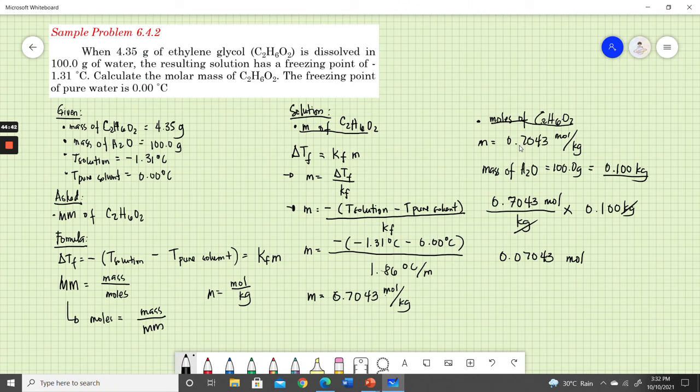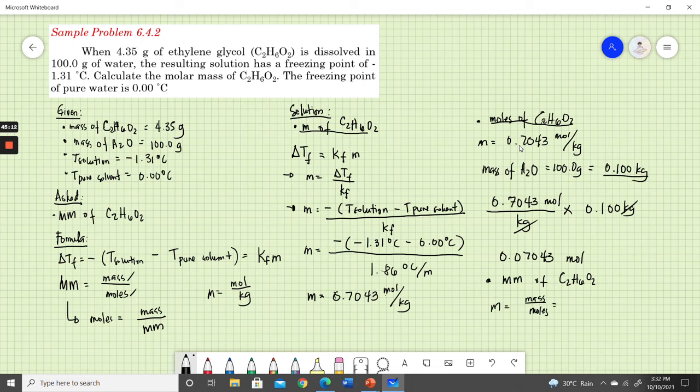So now we have the moles, and we just need the mass of our solute to find the molar mass. So to find the molar mass of C2H6O2, okay, the molar mass is equals to the mass divided by the moles.